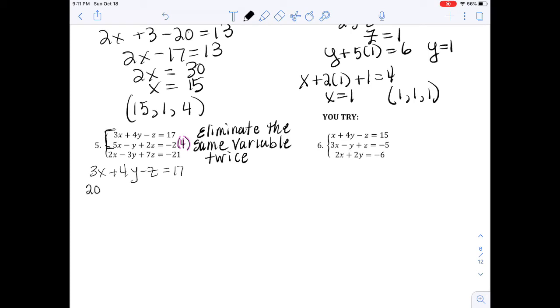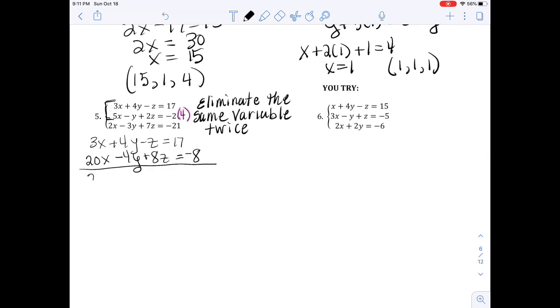So that's going to give me 20x minus 4y plus 8z equals negative 8. So that's my first manipulation there. I am multiplying the second equation by 4. Now I'm going to add those two equations together. It's going to be 23x plus 7z equals 9. And so I added the first and the second equation together and eliminated the y.